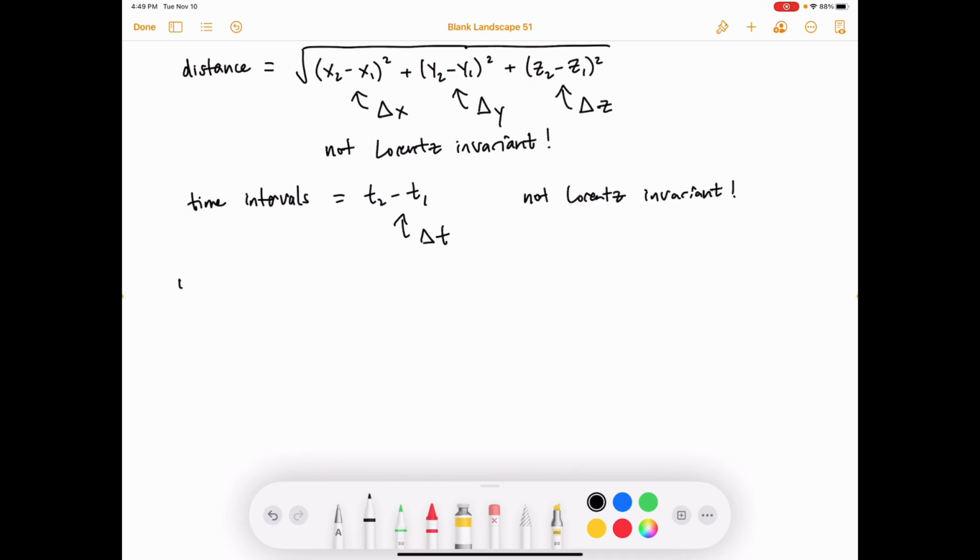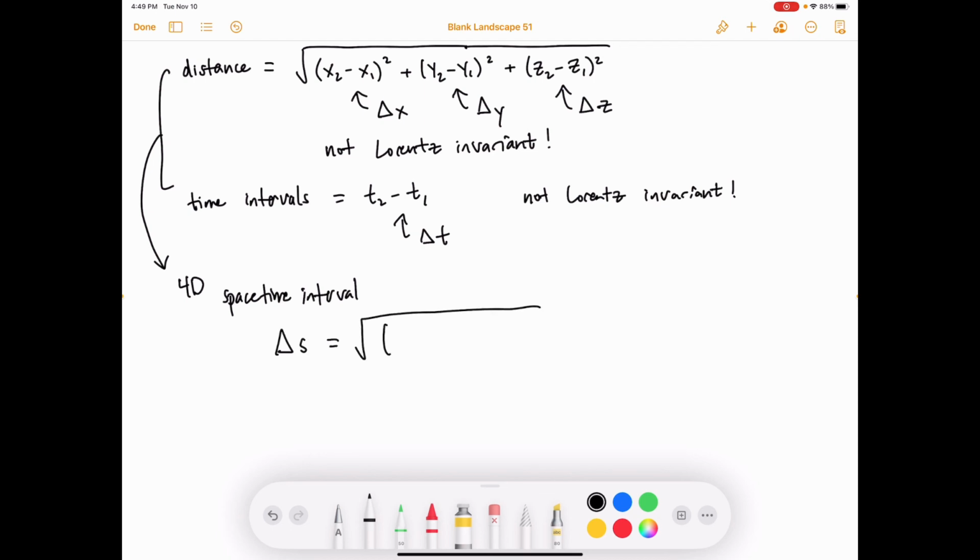But if we combine these two things, distance and time interval, into an object that includes both, called our 4D space-time interval, well, then we have delta S equals the square root of delta x squared plus delta y squared plus delta z squared, and then we have to subtract c times delta t squared.